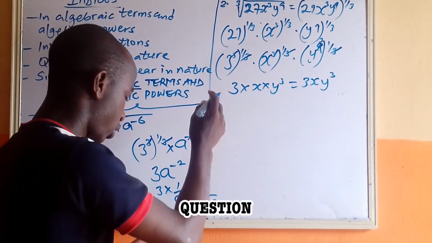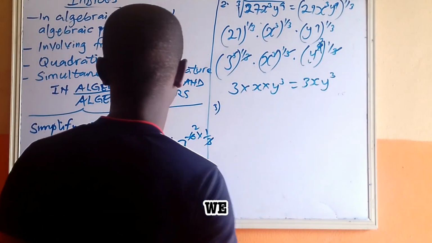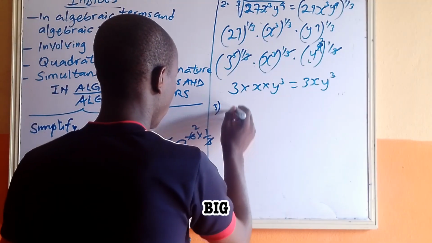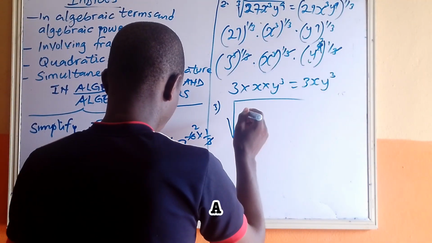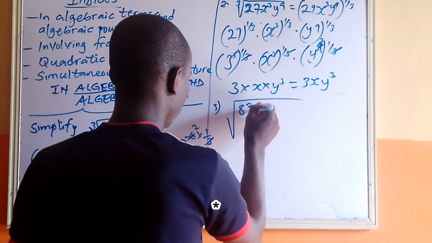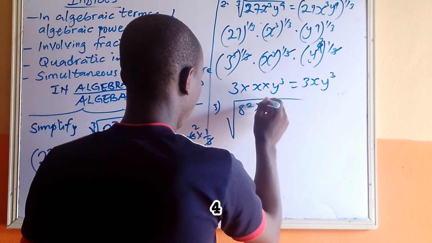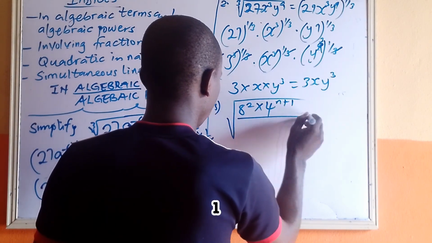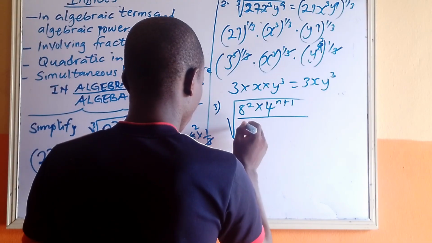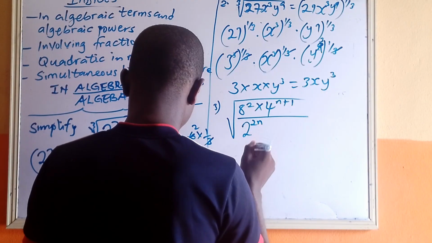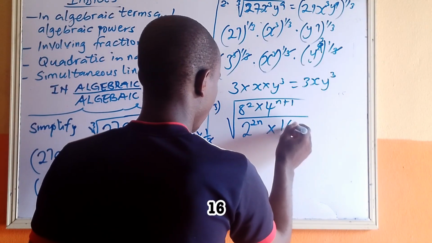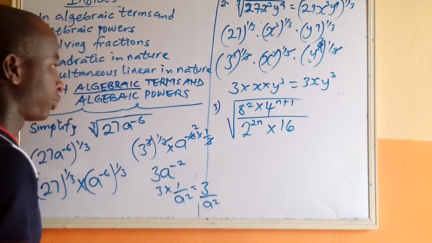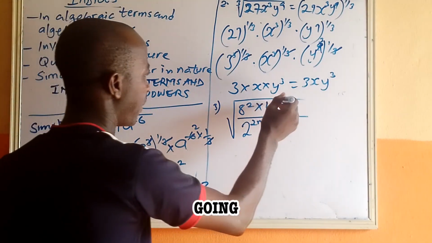The last question under this topic, we have a big root of 8 raised to power 2 times 4 raised to power n plus 1 all over 2 raised to power 2n multiplied by 16. Look at this question. So you'll be looking at how am I going to solve this?